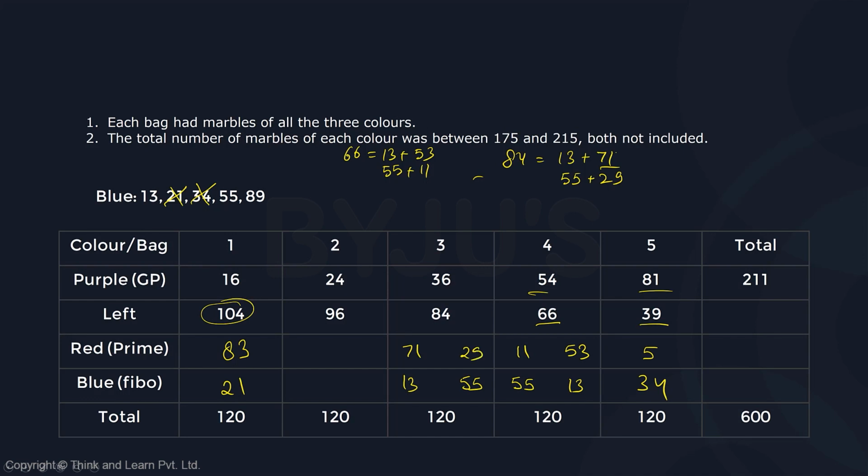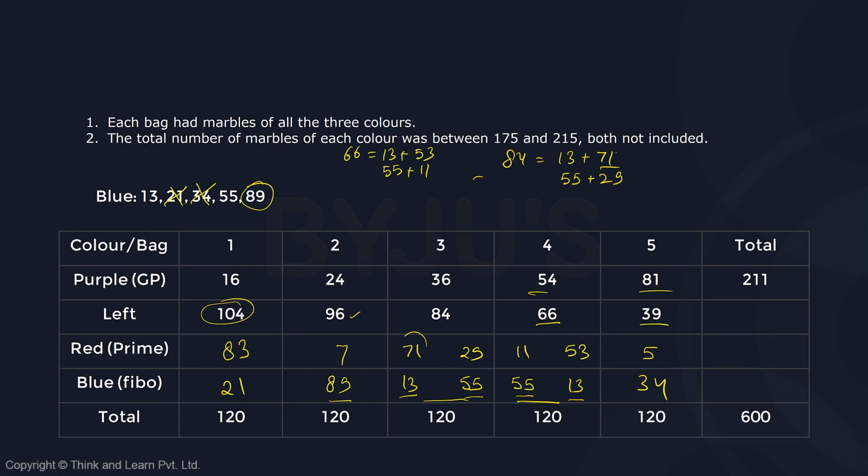Clear? So we do not have any concrete value as of now for these two values. Now one thing is for sure, that if 13 is here, 55 will be here, or if 55 is here, 13 is here. So 13 and 55 will definitely follow these two cells. So it cannot be used in 2. So the only number left with us is 89. And for that, to get 96 sum, this has to be 7, which is a prime number, so satisfied.